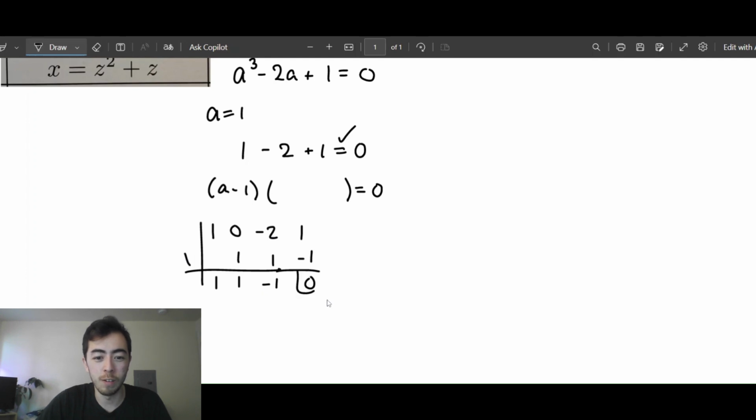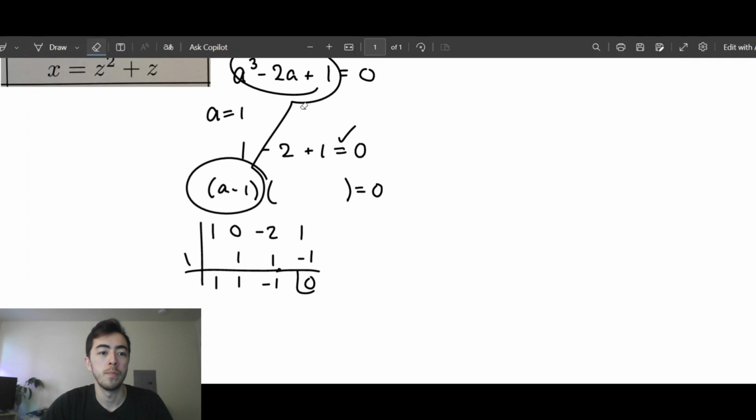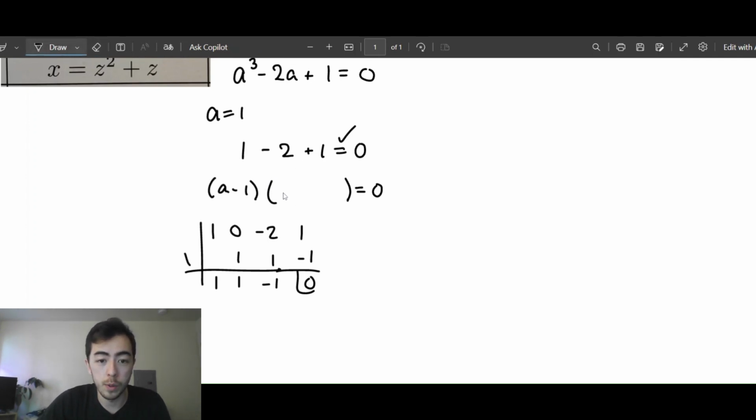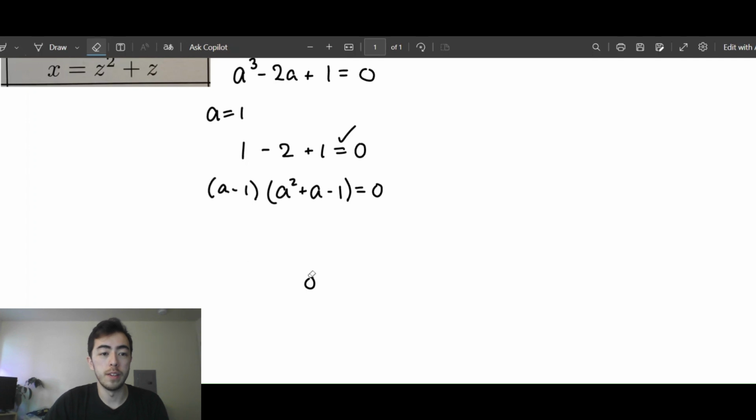And this 0 right here is my remainder, which is good because I knew that a minus 1 goes into this evenly. These are my coefficients. I'm going to get a squared plus a minus 1. And then if I solve that quadratic, I'll figure out the 2 other solutions for a today.